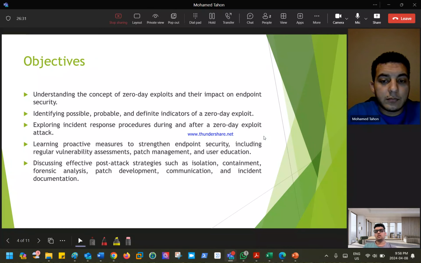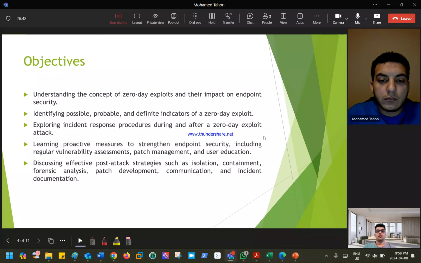The objectives of this presentation are to understand the concept of zero-day exploits and their impact on endpoint security. Also, we are going to identify the possible, probable, and definite indicators of this kind of attack.